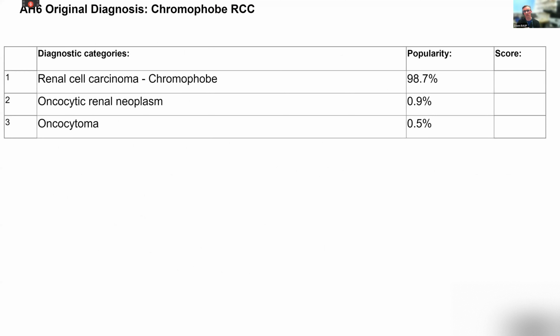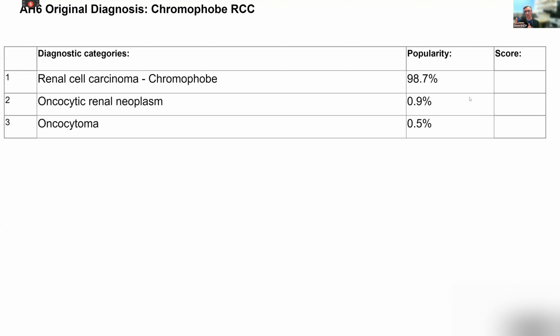So the diagnostic part of this shows very good concordance. 98.7% showed chromophobe. Oncocytic renal neoplasm, I think that's more a diagnosis on biopsy as a holding category more than anything. And then some favored oncocytoma. Two or three people thought it was oncocytoma, but it did look like a chromophobe and matched the immunoprofile.